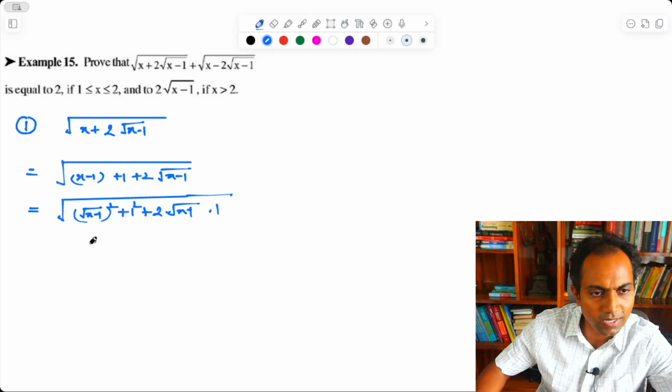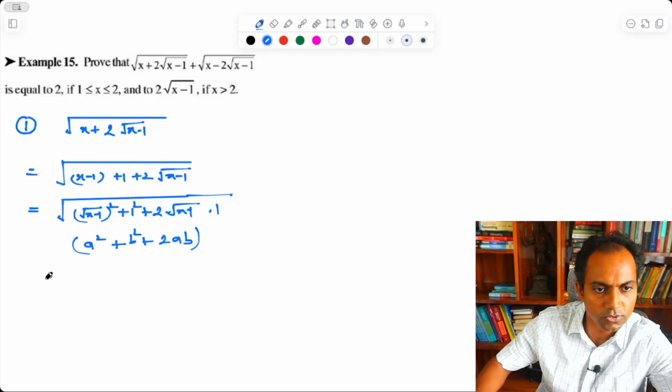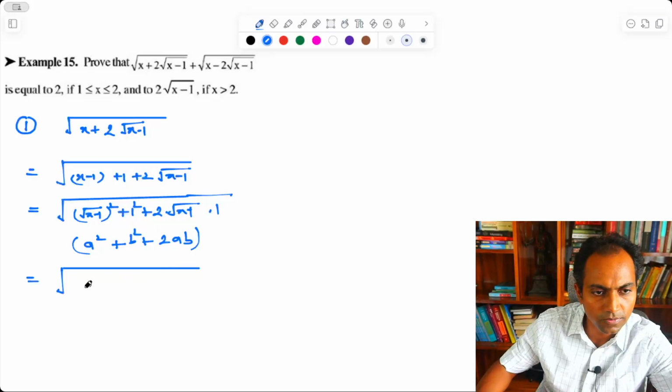So you can see that I have generated a formula a square plus b square plus 2ab inside this root. So this can eventually be written as nothing but a root of x minus 1 plus 1 whole square. And whenever there is a root of a square thing, it is interpreted as modulus. So what I have got is this modulus.